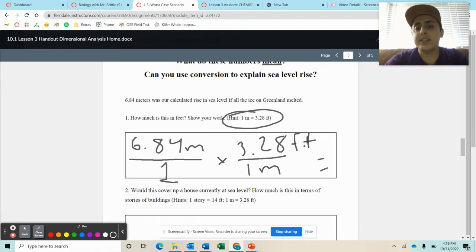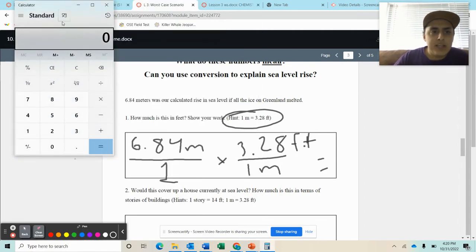I know that there's a shortcut, easy way to do this, but it's really going to become helpful when we start having lots of conversion factors later on. But anyway, to finish solving this, you multiply everything on the top, multiply everything on the bottom, and then divide the top final by the bottom final. The top number is 6.84 multiplied by 3.28, which is 22.43.